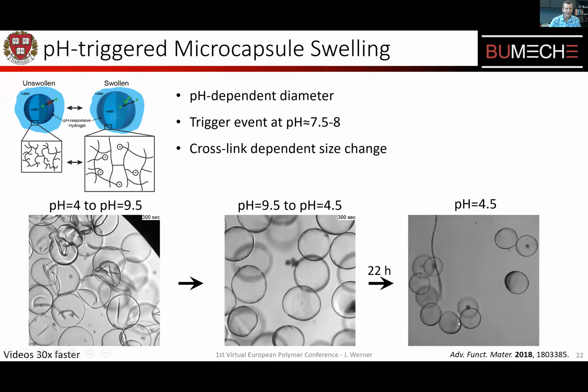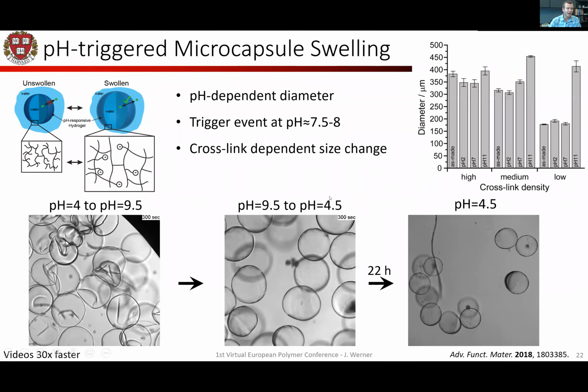And you can see that water pressure, or the pressure that the shell exerts on that water core, is actually visible in the deformation of the shell. But interestingly, the microcapsule structural integrity is still provided, and we attribute that to the very homogeneous network that thiol-ene chemistry can provide you with, and a very low defect rate of these networks.